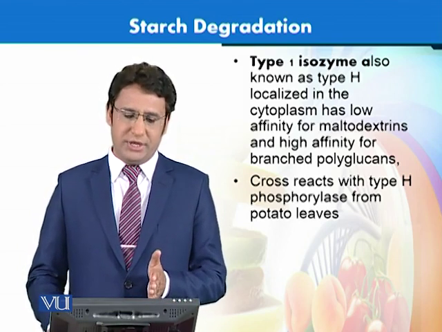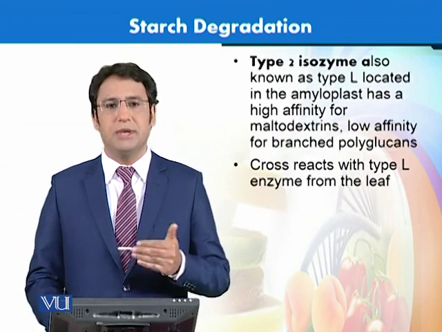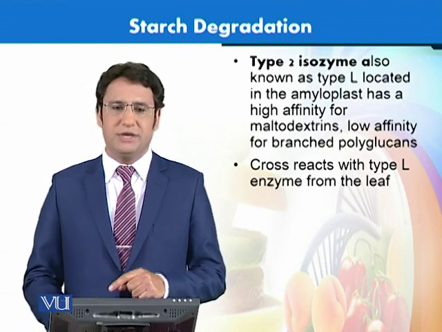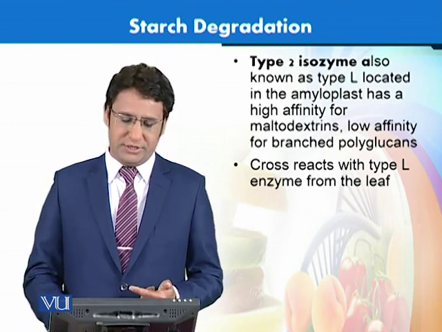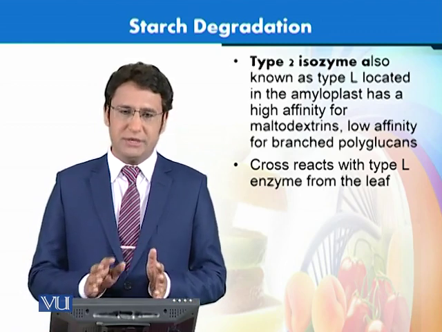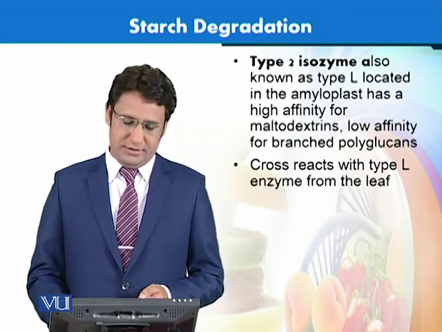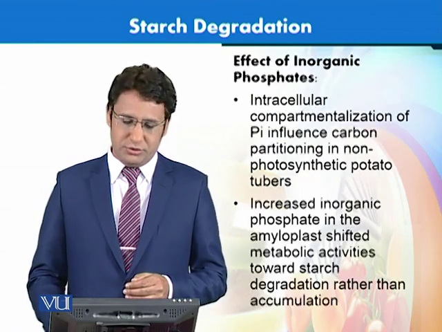The second isozyme is called type L or type 2. In reverse to the previous one, it has high affinity for maltodextrin and low affinity for branched polyglucans, and it cross-reacts with type L enzyme from the leaf. So these enzymes have a very important role to play.